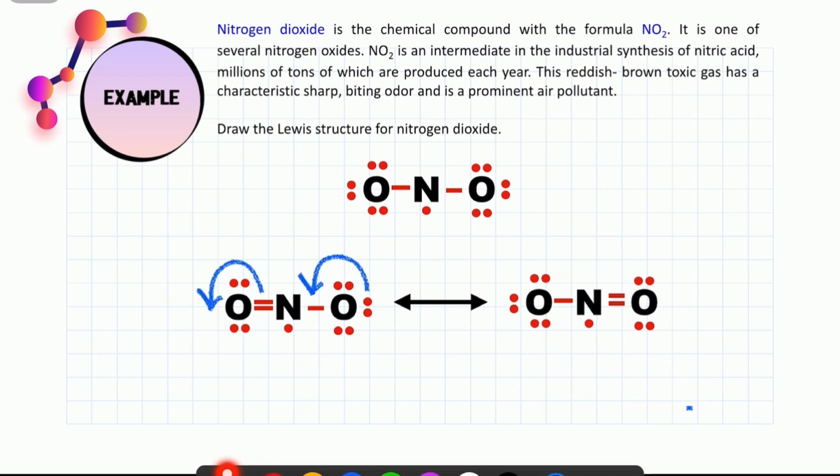So this is what happened: this structure can be produced when this oxygen uses one of the lone pairs to form a bond with the center atom. At the same time, the nitrogen cannot have more than 8. So one of the bonds of the double bond will form a lone pair on this oxygen, just like this one. So these are the 2 structures of the NO2.